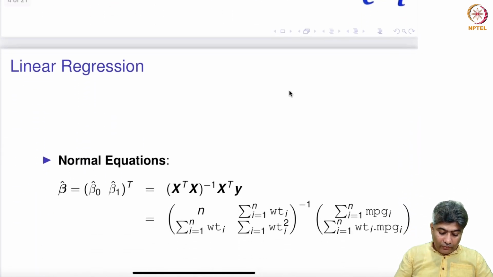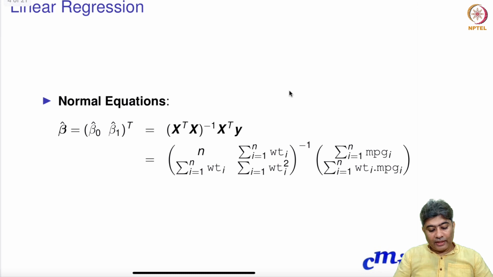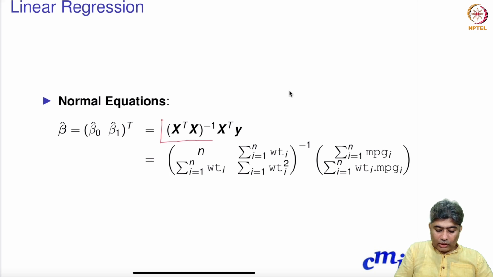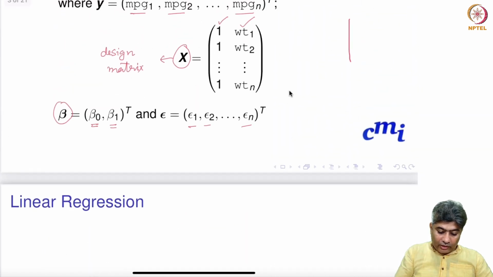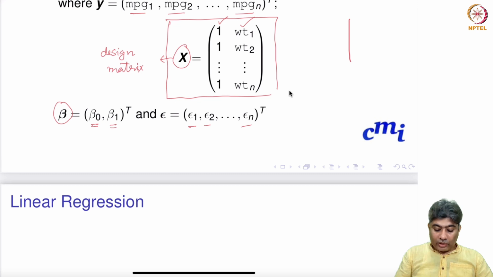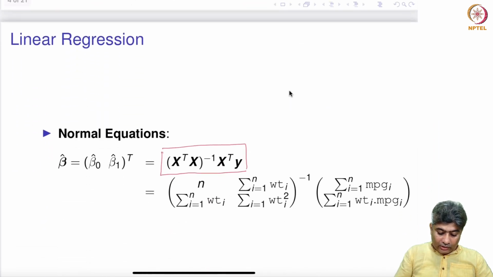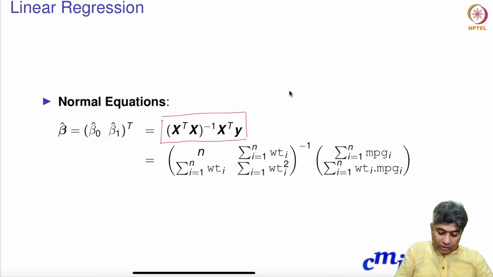Next, we have seen that the normal equations give us the analytical solution: x transpose x inverse x transpose y. Now x is what we have defined. So all you have to do is write x transpose x, and that will give you this matrix.